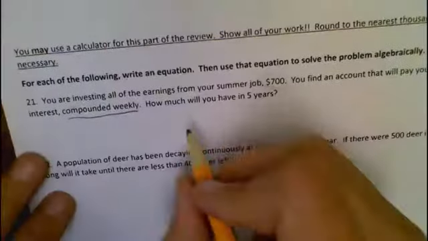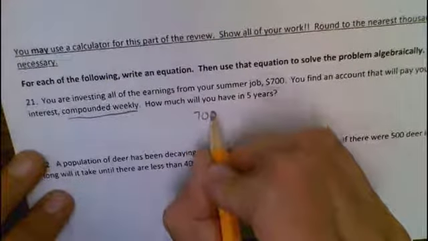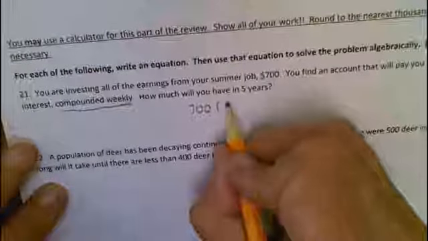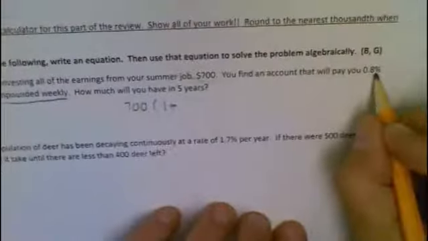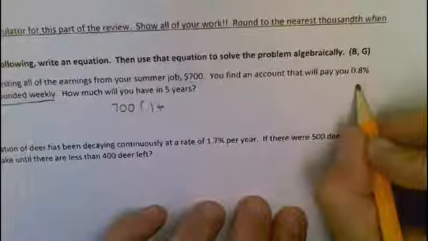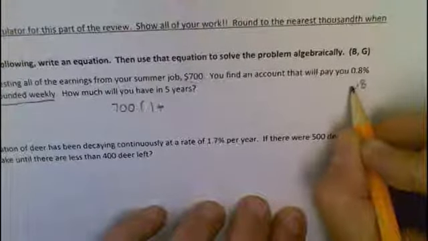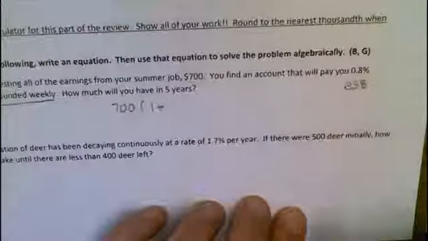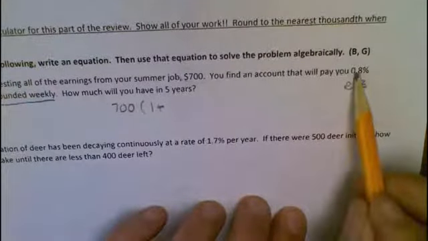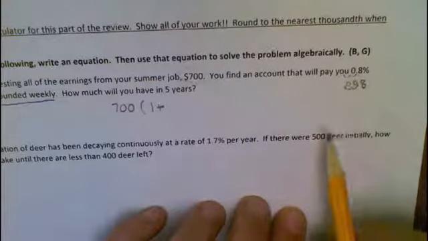So with ours, they're investing $700. 1 plus the rate is 0.8%. So if it's 0.8%, I have to move that 2 places, so it's going to be 0.008. Remember, you have to take that decimal point and move it 2 places.